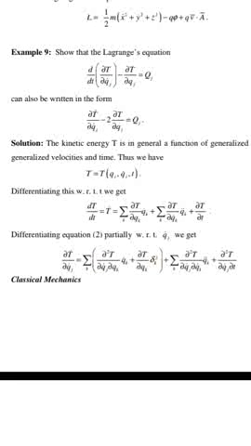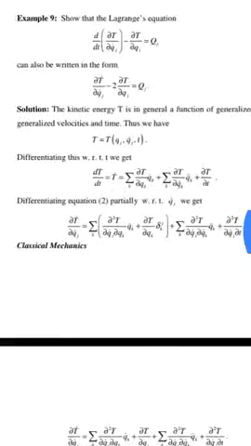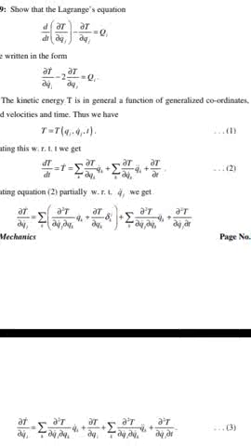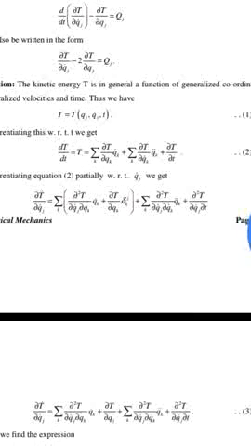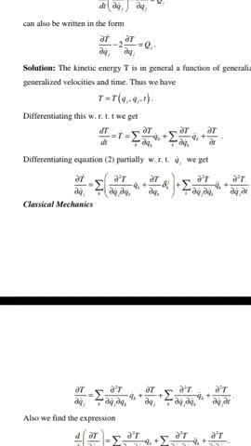The kinetic energy T is in general a function of generalized coordinates, generalized velocities and time. Then we have T is equal to T of qj, q̇j, t.